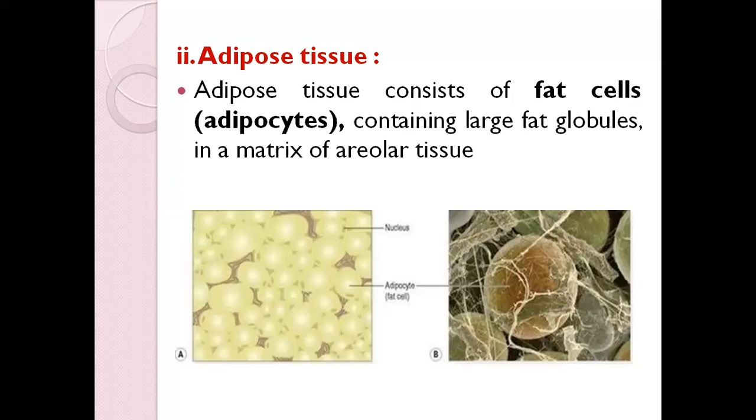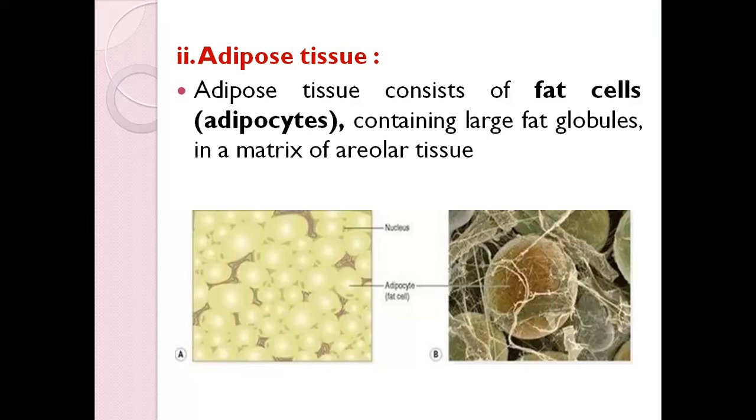It helps in maintaining the body temperature, keeping the individual warm. In adipose tissue we usually find large fat globules, as you can see from the diagram, those yellow colors. Those are fat globules, that means round-shaped fats, and these are found in the matrix of areolar tissue. So this is about the adipose tissue.